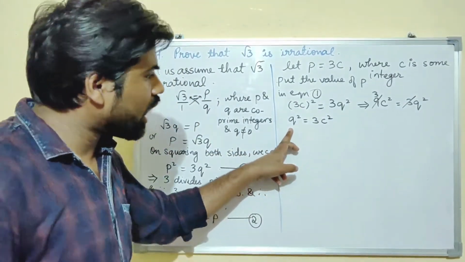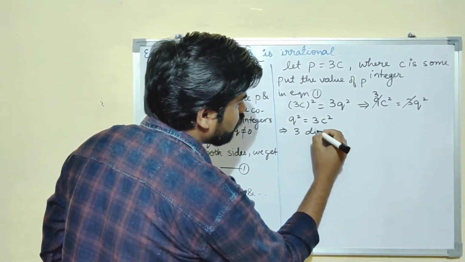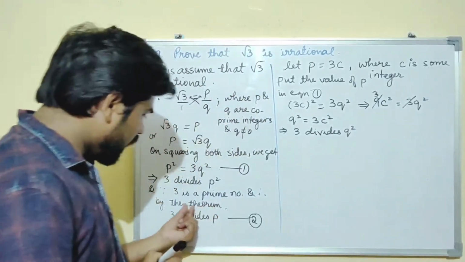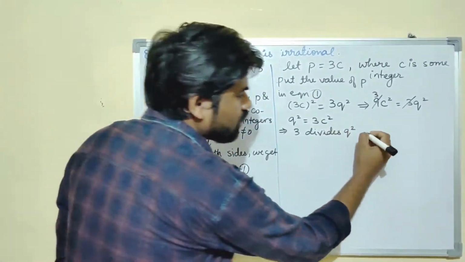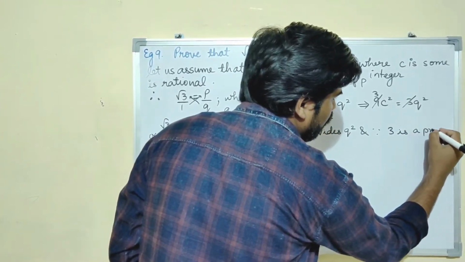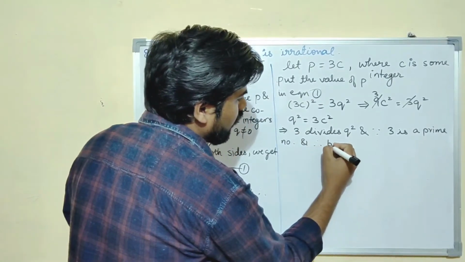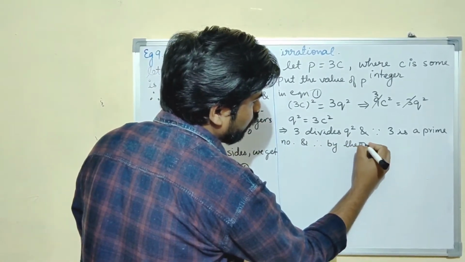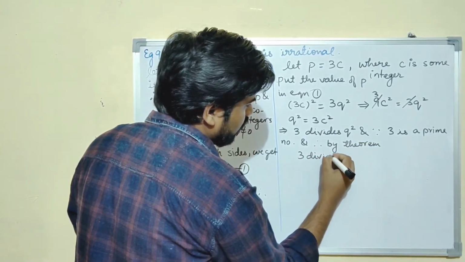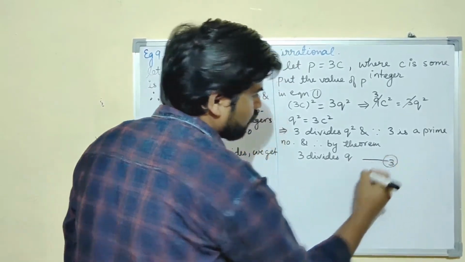You can say that 3 divides Q squared. Similarly, since 3 is a prime number, by the theorem we can say that 3 divides Q. Let this be your third statement.